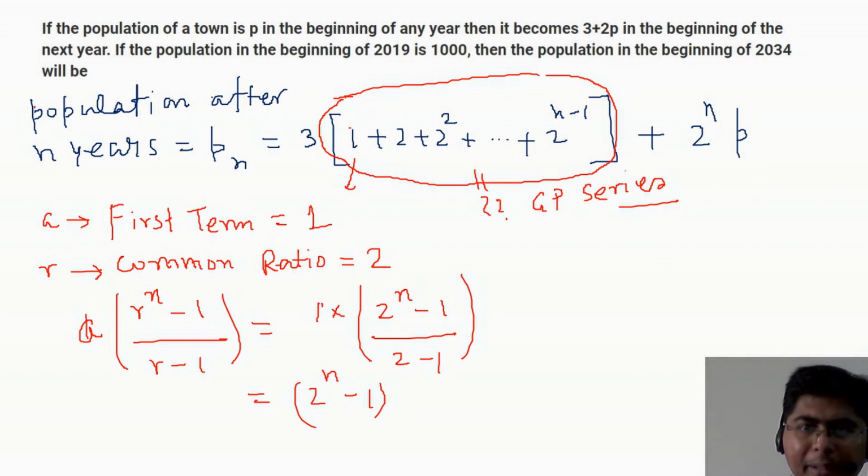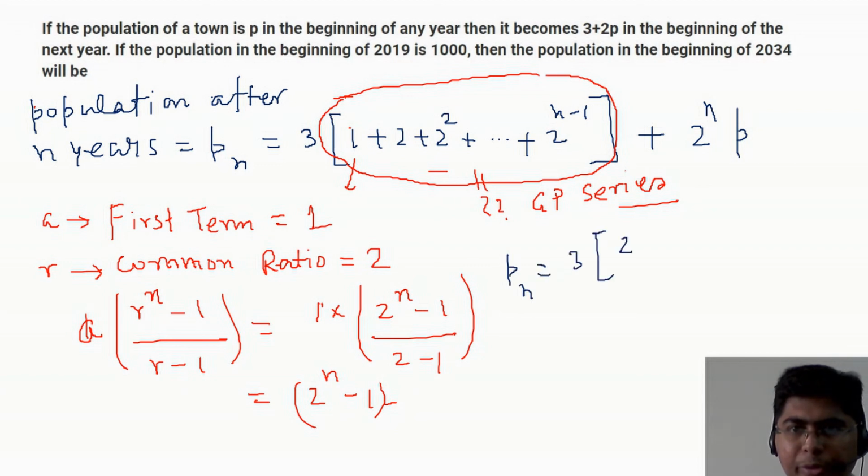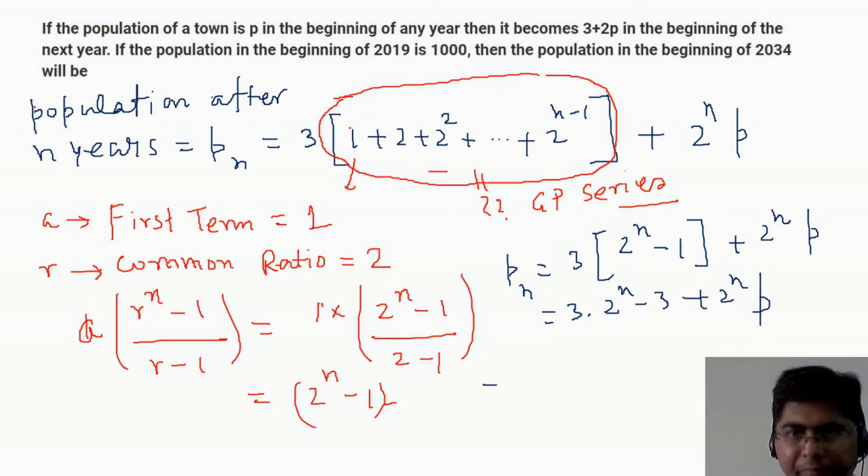So can I replace the summations value by this term? So we are getting Pn is equal to 3 times (2 to the power n minus 1) plus 2 to the power n multiplied by P. Just I am rearranging: 2 to the power n times 3, minus 3, then plus 2 to the power n times P. See, look at 2 to the power n and 2 to the power n.